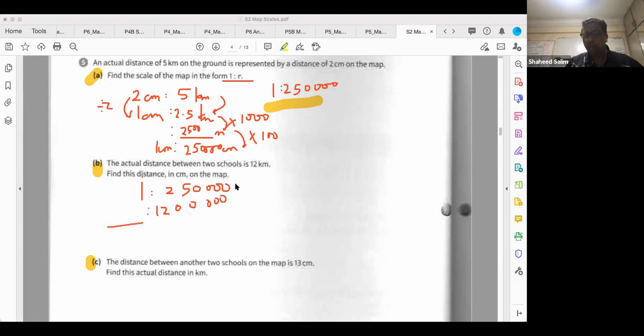How do you get from 250,000 to 1.2 million? Take this 1.2 million divided by 250,000, you get the number 2 times. Then you times this down here, then you get the answer here. But what is the number you need to times? You got to take this divide by this. Yes, 4.8. So you times 4.8, your answer is 4.8 cm.